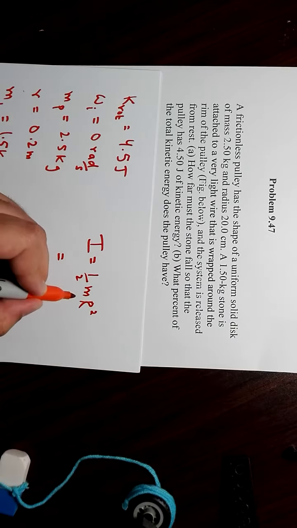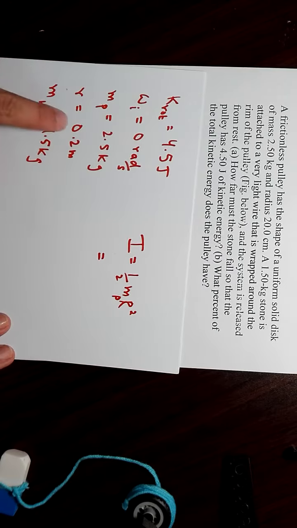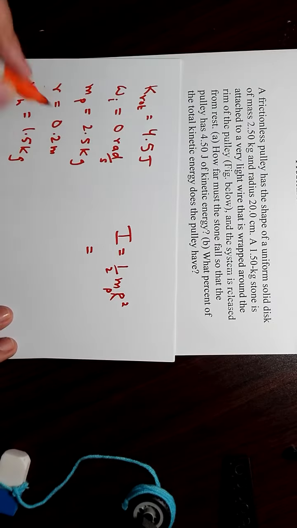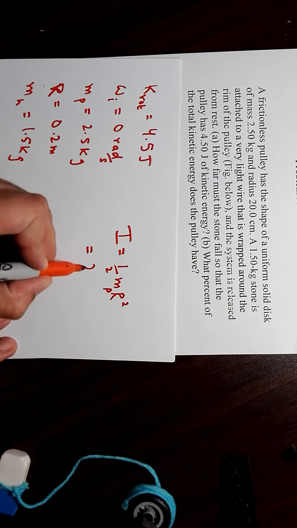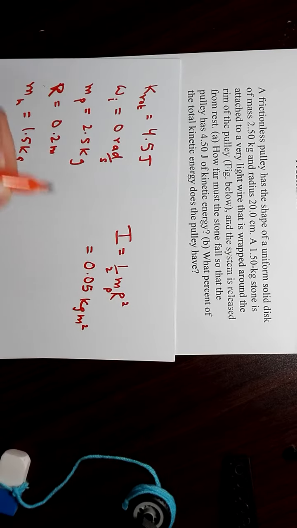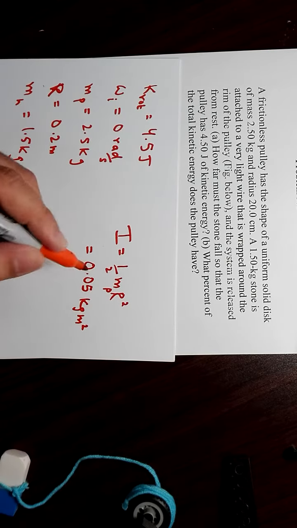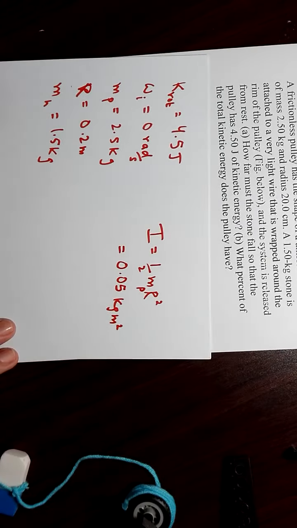If you plug in these numbers, the pulley mass equals 2.5 kilograms and the radius, sorry, I'm using capital R, so radius equals 0.2 meters, you will get 0.05 kilogram meter squared. So we've got the moment of inertia of the pulley.